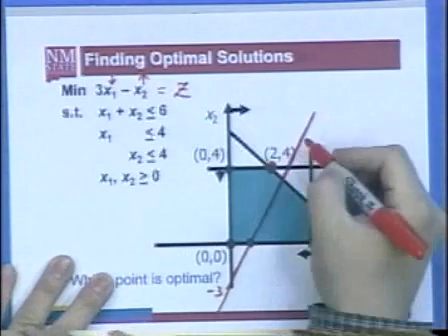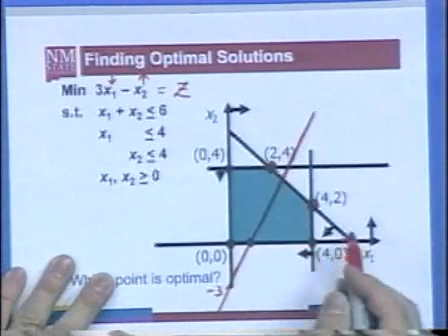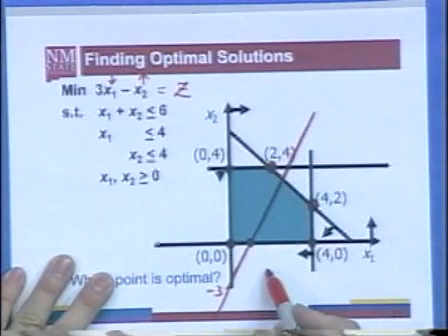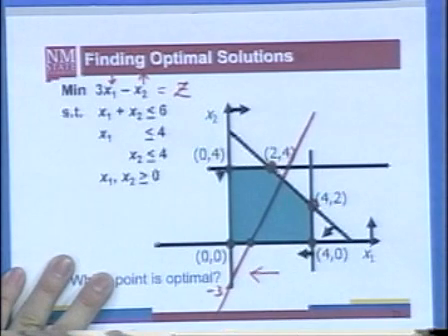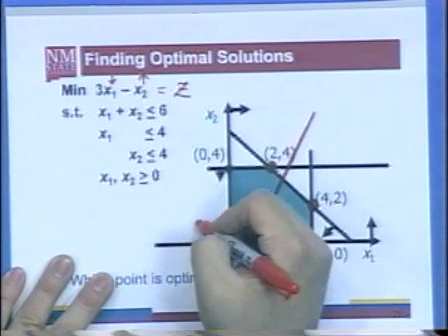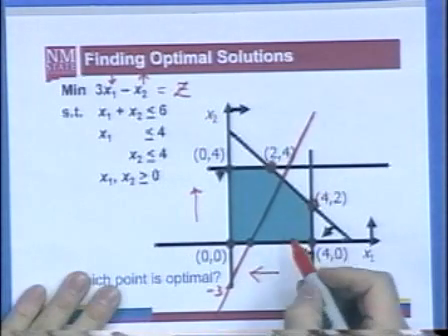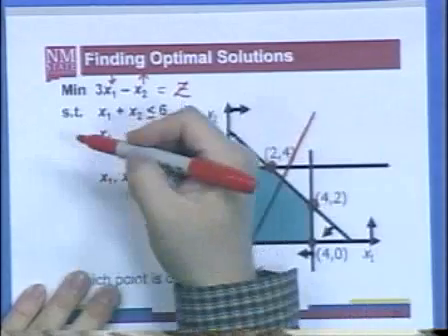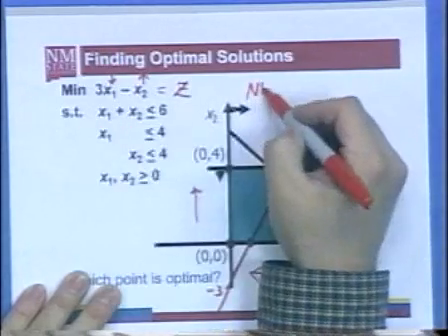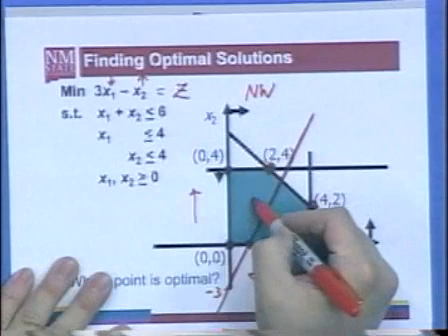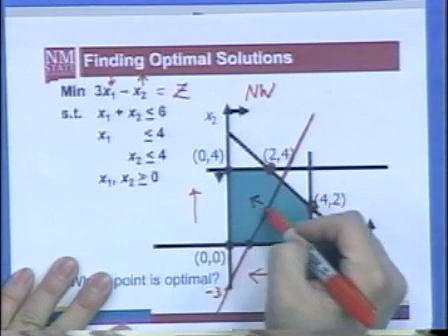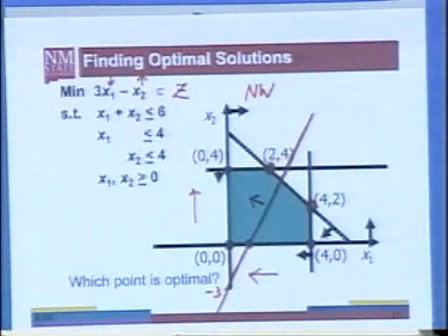So we move this iso value line in the direction in which x1 is decreased and x2 is increased. So in a northwest direction, right? So you need to move this iso value line in this direction to improve the objective function value, right?